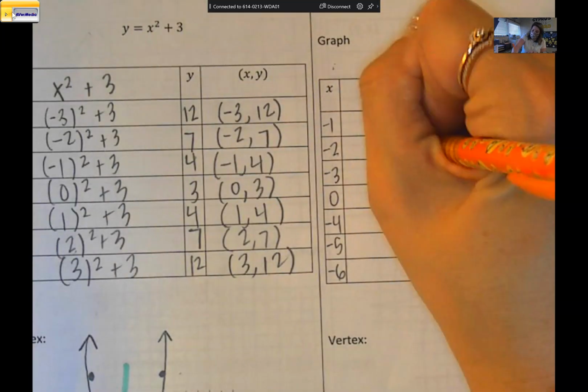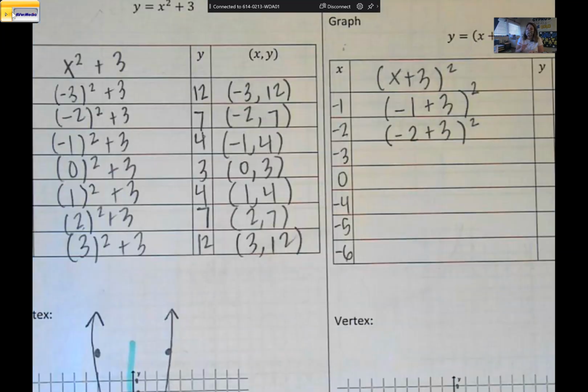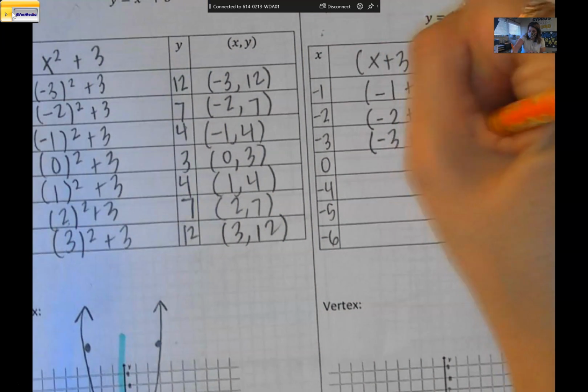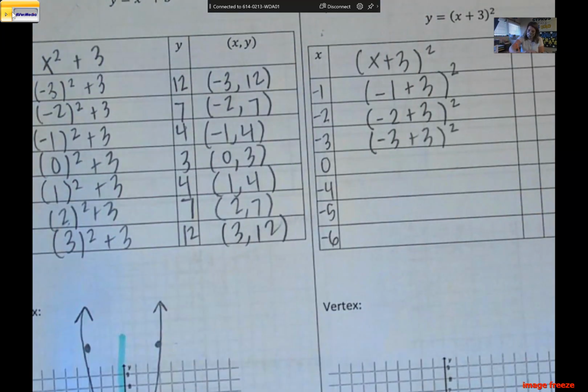The next one would look like -2 plus 3 squared.